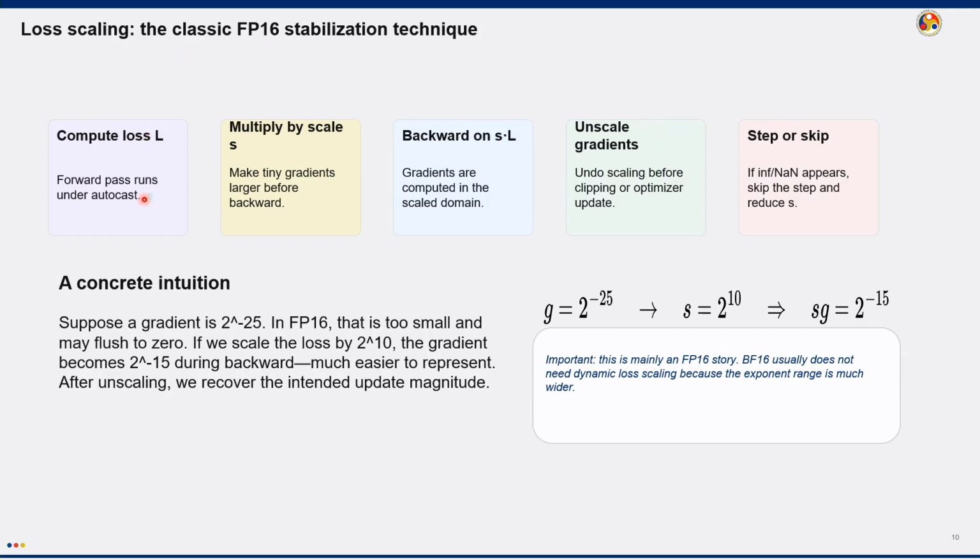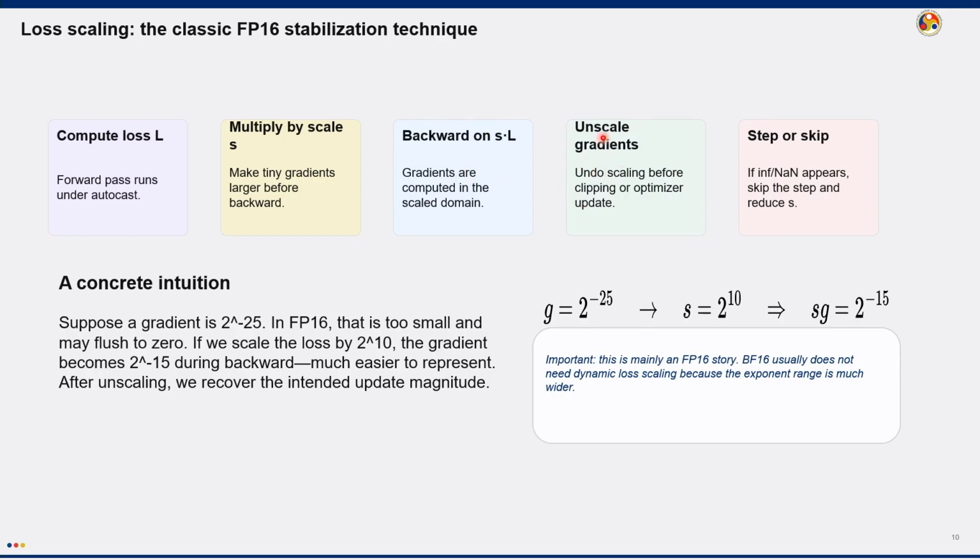So, we compute the loss. Okay, so forward pass runs under the autocast, compute the loss L, multiply the loss by scale. So, tiny gradients we make them large before the backward computation. That way gradients are computed in the scaled domain. And then we need to undo the scaling.